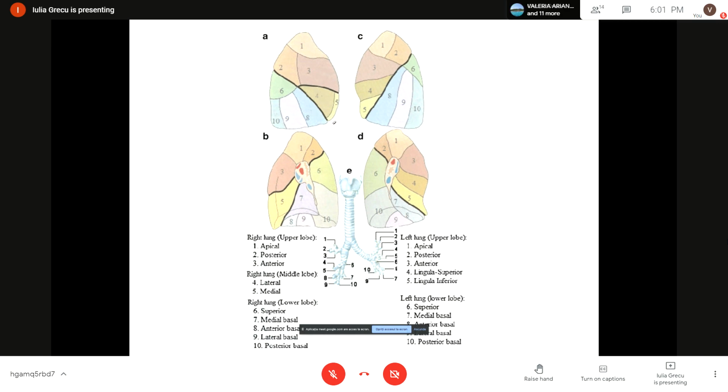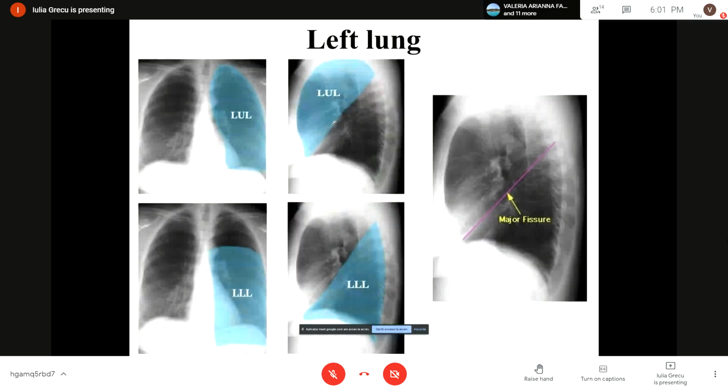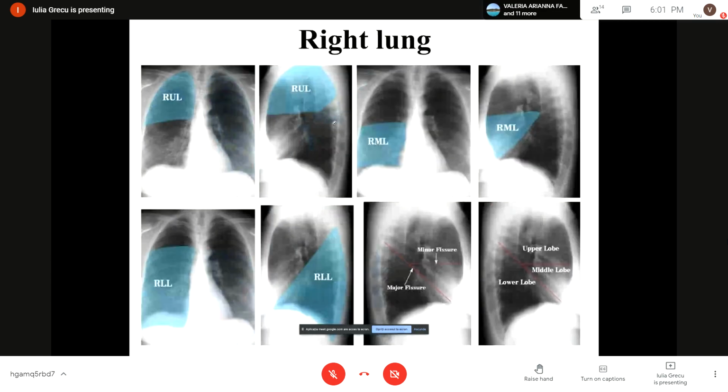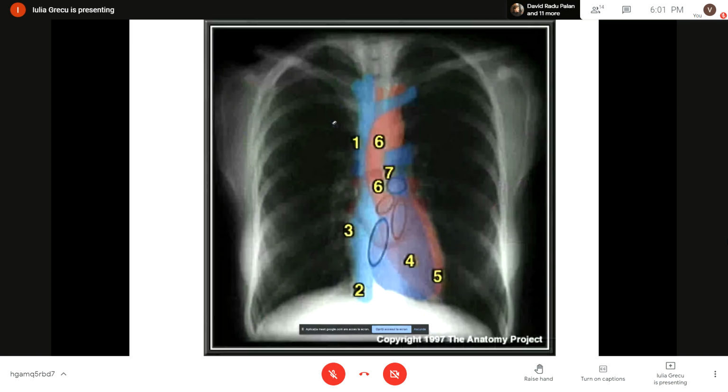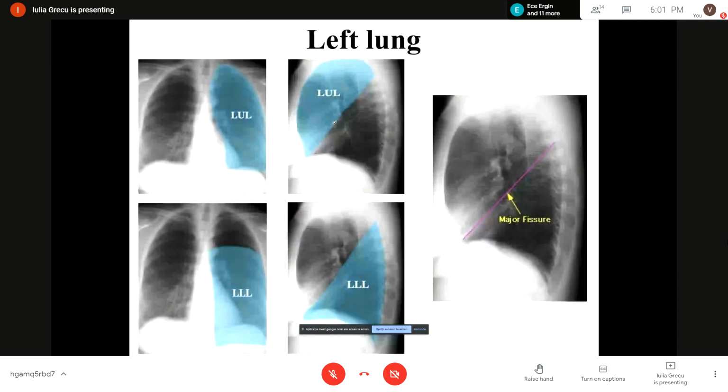I mean, these are quite simple things, but for the beginning, we need to focus on this major anatomy, the division of the lobes.